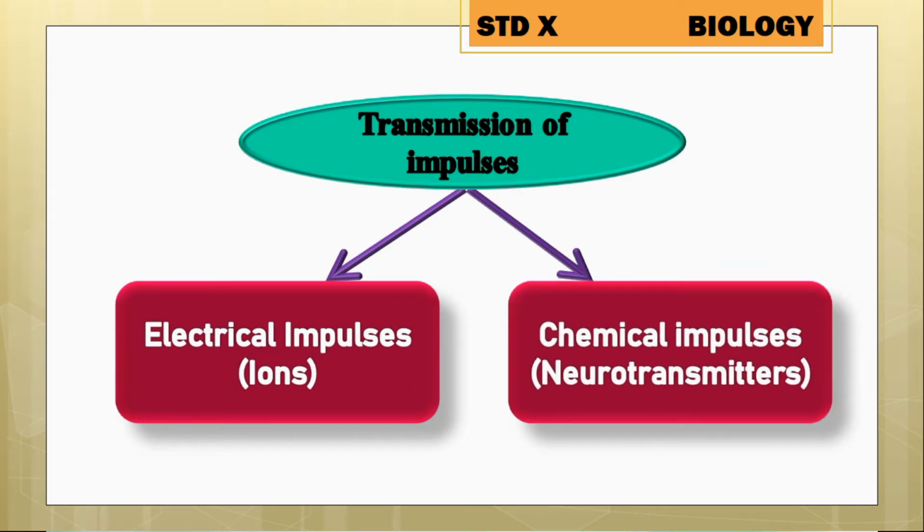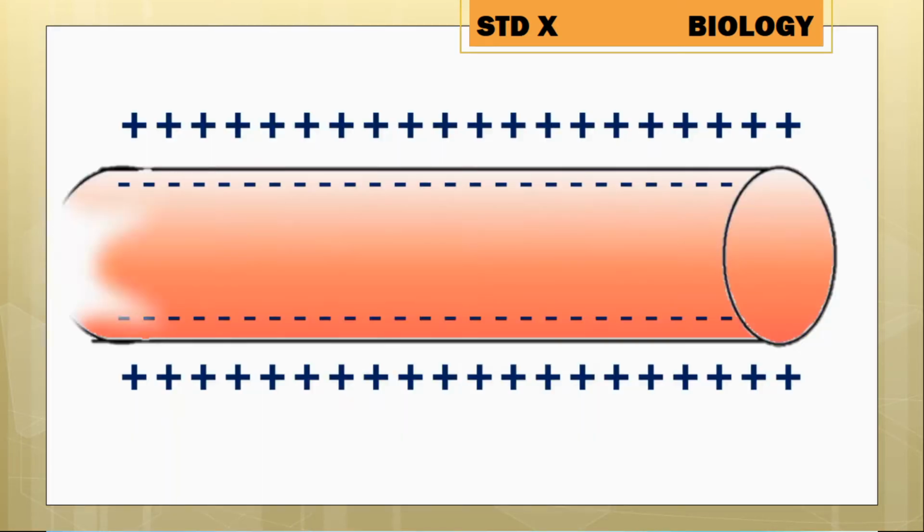Electrical impulses means with the help of ions or charged particles, whereas chemical impulses is with the help of certain chemical substances called neurotransmitters. The outer surface of plasma membrane of neuron is positively charged and the inner surface is negatively charged.